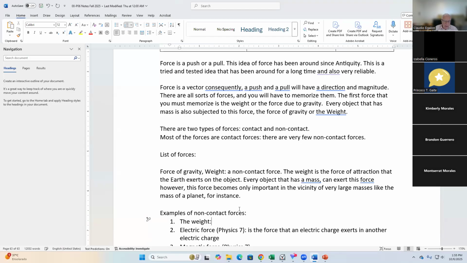Here, the weight is the force that a mass exerts on another mass. The weight is a force that is related to the mass of the object. Any massive object exerts a force on another one. However, these forces start to become measurable only if you have a very large mass, like a planetary mass. Okay?